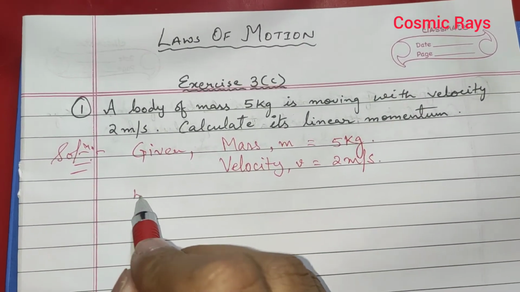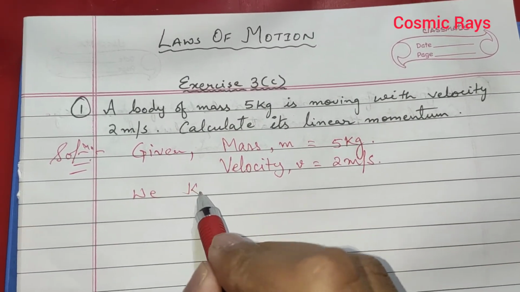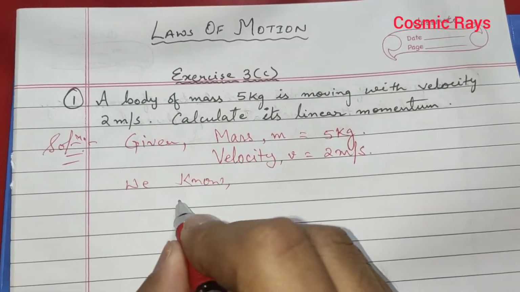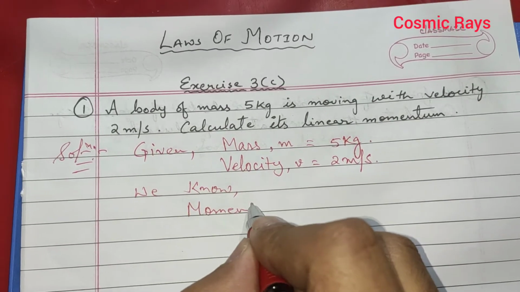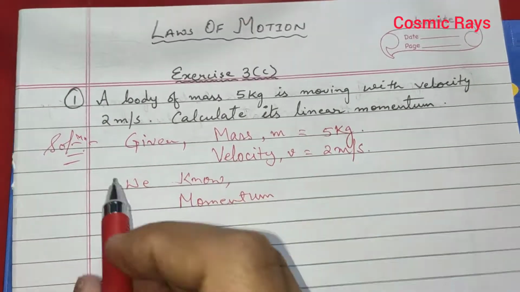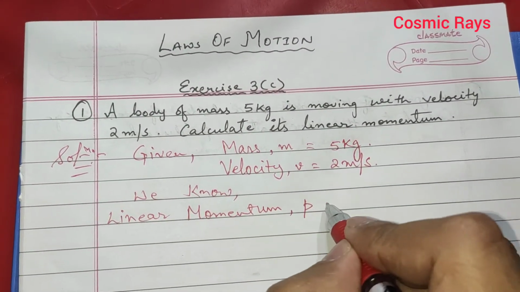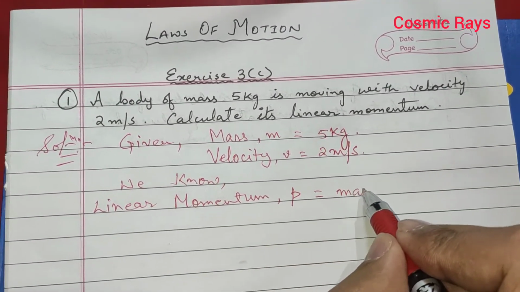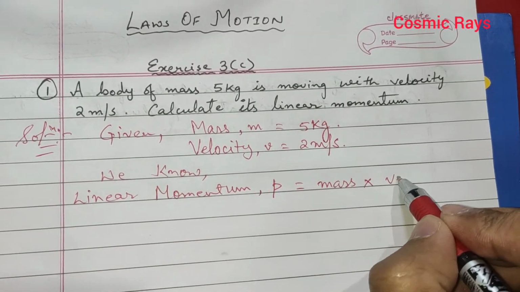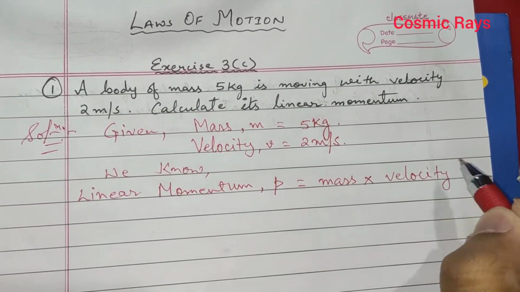So now we will write using the formula. We know that momentum, or linear momentum that we have to find, linear momentum P is equal to the product of mass and velocity.